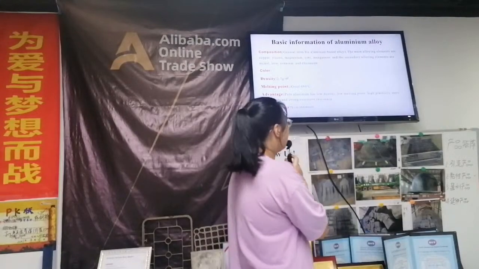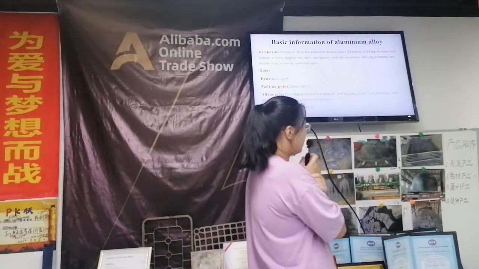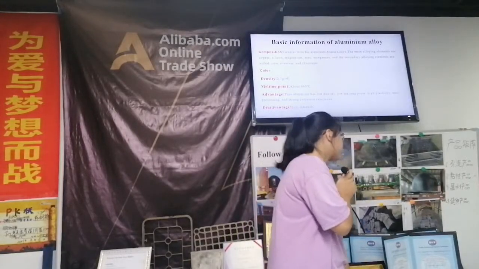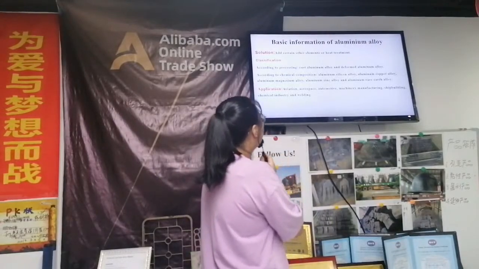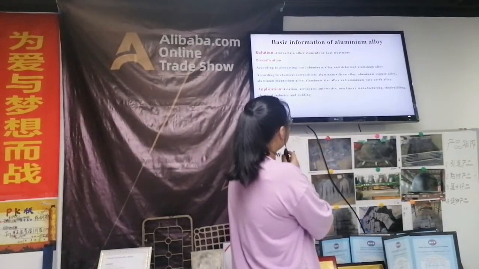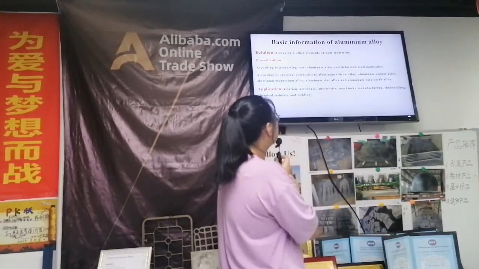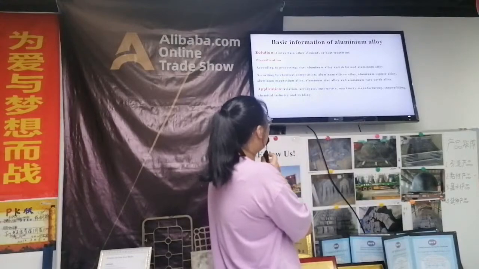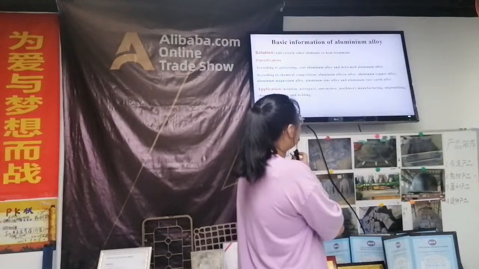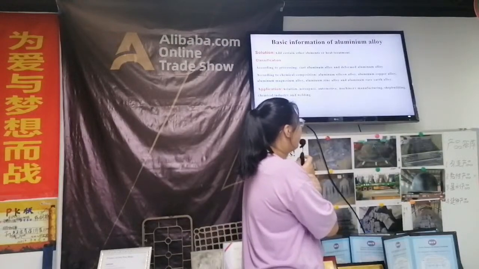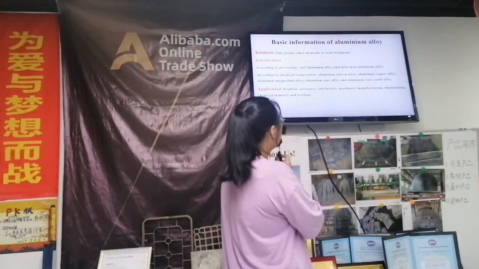For disadvantage, no intensive solution. Strengthening by adding other elements or heat treatment. For classification, according to processing: cast aluminum alloy and deformed aluminum alloy.